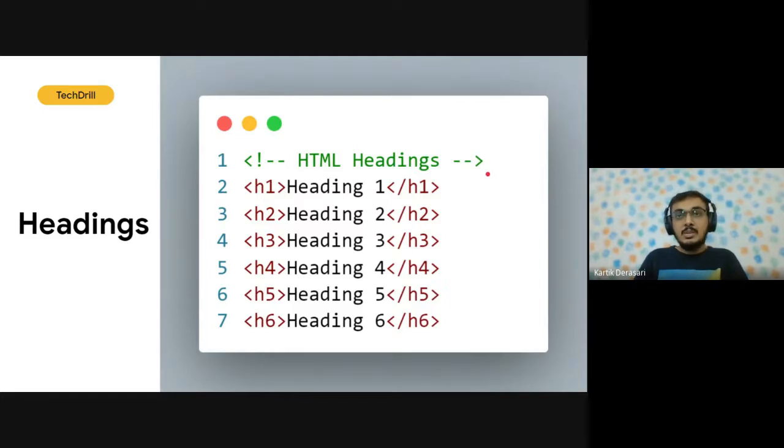HTML comments are just for understanding purposes. There's no meaning to that, but just to understand. Whenever you see comments in the code, they are used for others to understand what exactly the code is about. So here you can see H1, H2, H3, H4, H5, H6, and here H1 will be the largest.